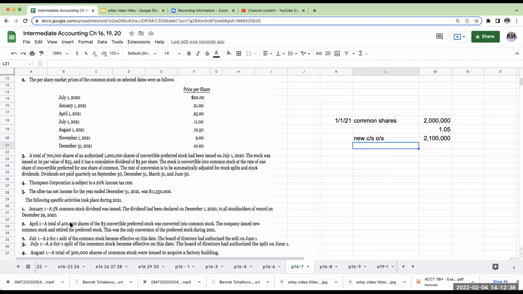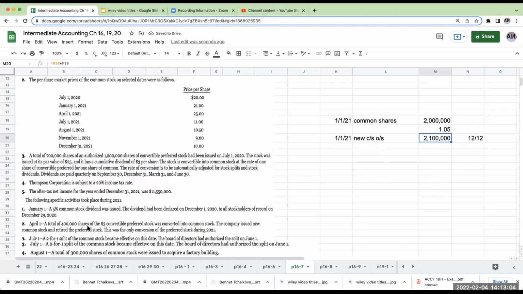A total of 400,000 shares of the $3 convertible preferred stock was converted into common. The company issued new common and retired the preferred stock. It was the only conversion of the preferred stock during 2021. So before we go any further, this new common share outstanding is also going to be outstanding for the full and entire year.